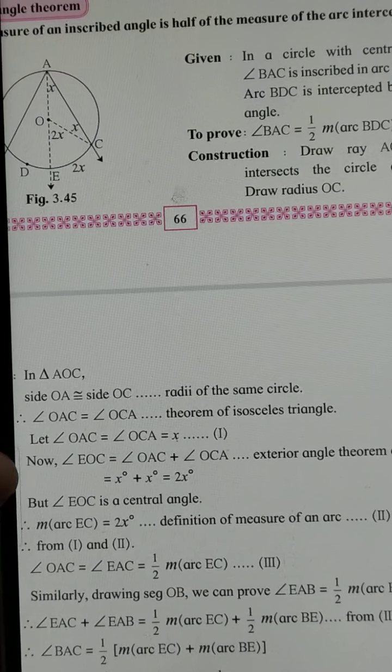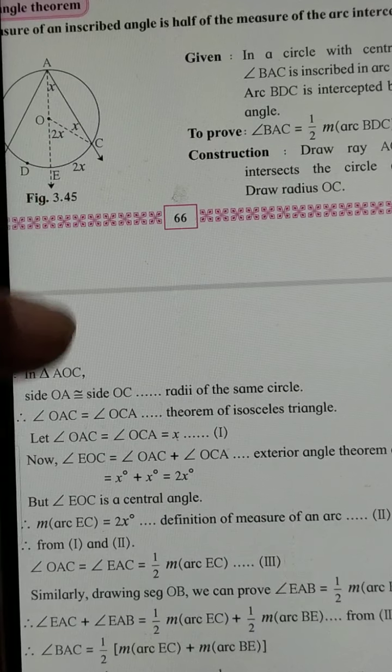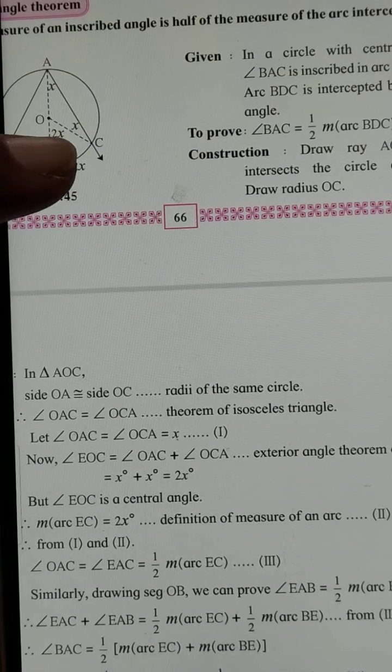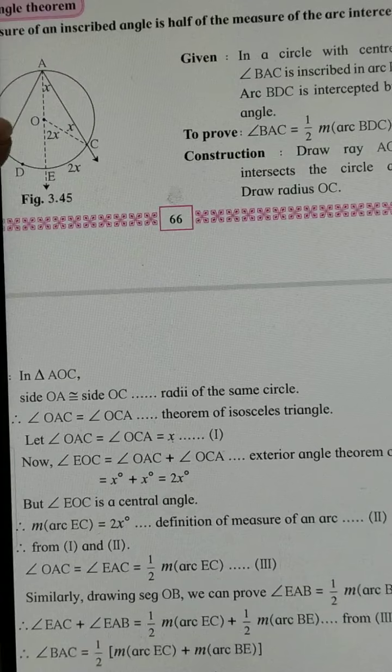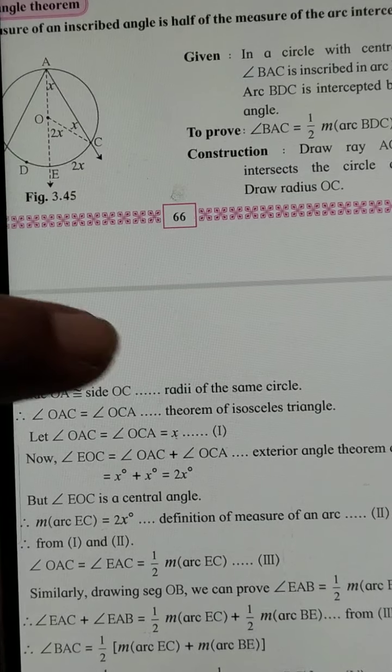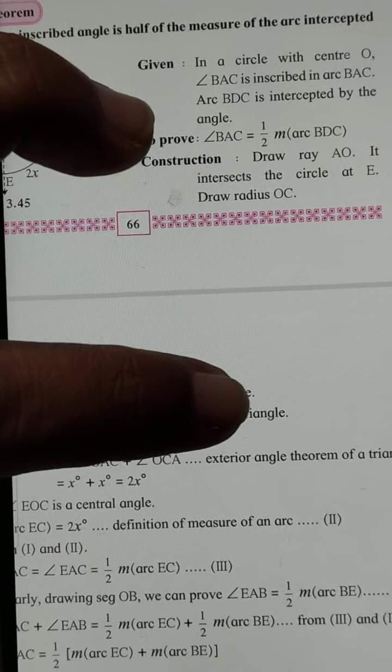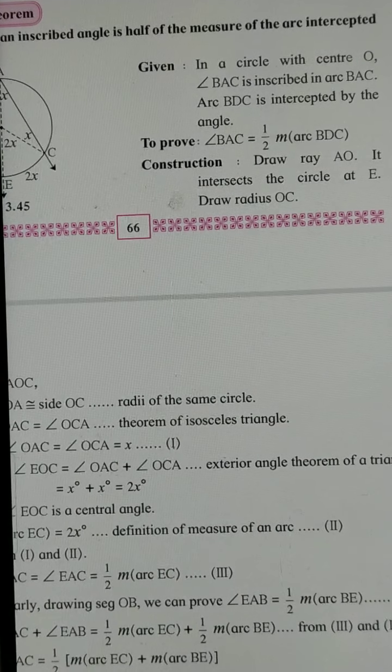So angle EOC is equal to angle OAC plus angle OCA. Here the reason is the exterior angle theorem of a triangle.